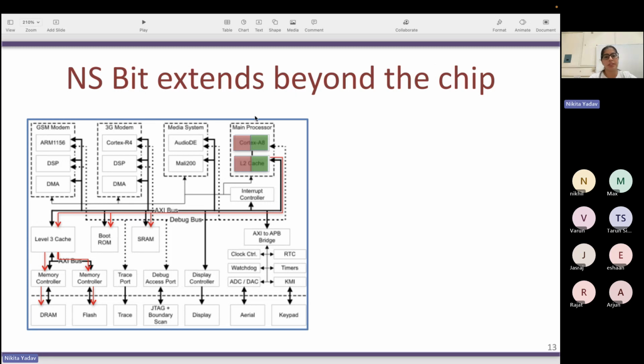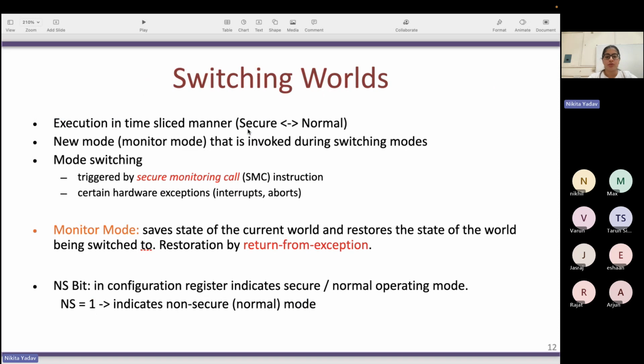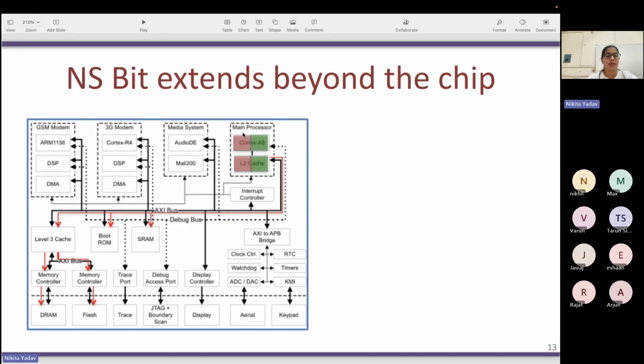What does that mean? The NS bit is not only used by the processor to find out which mode it is executing in, in fact this NS bit is passed on to other components on your chip. For example, the caches, the boot ROM, the SRAM, the memory controllers and all.